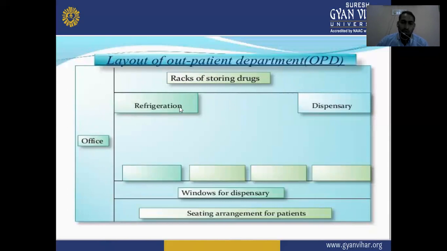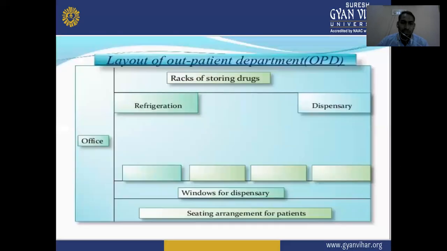This area is required for refrigeration. This area is required for the dispensary, and this is the window for the dispensary. And this area is required for the sitting arrangement for patients in the outpatient department.